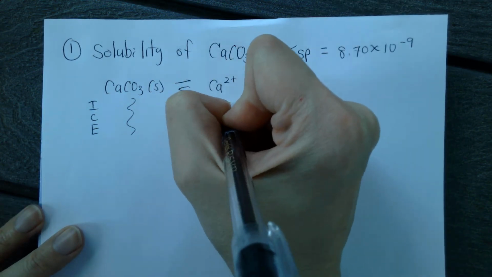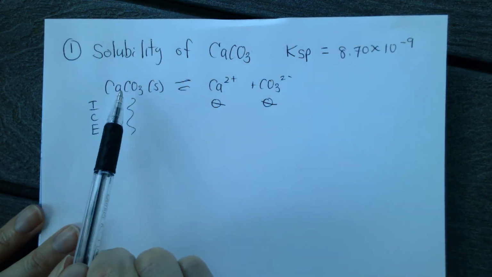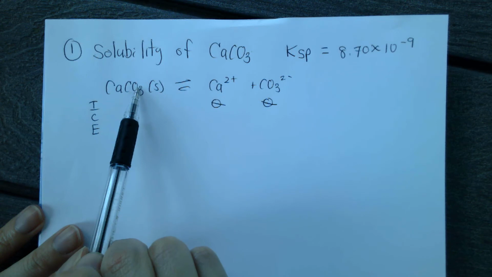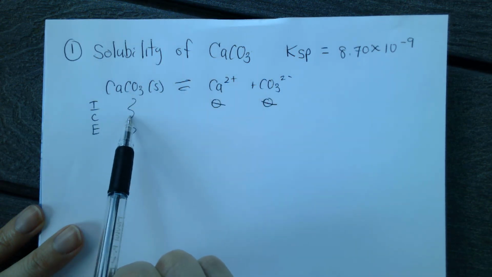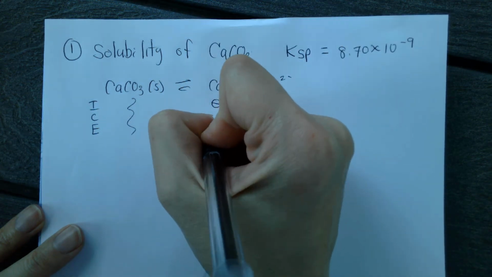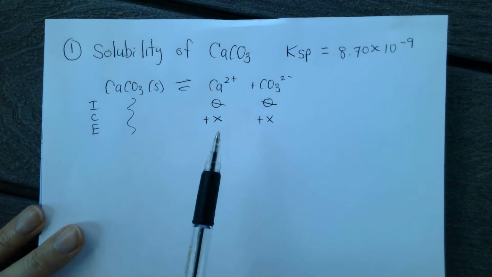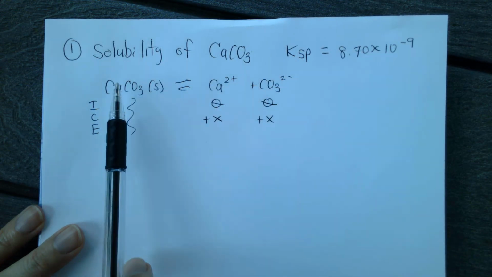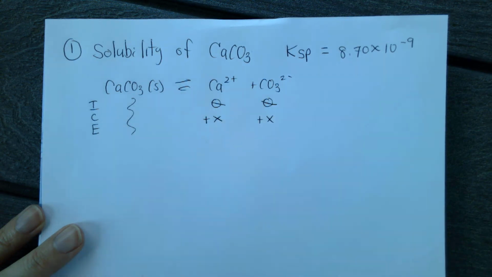Initially, we'll say we have none of the ions. One of these will break apart into one of these, so we lose some amount x of the solid, and we add some amount x of calcium and x of carbonate, because stoichiometrically, one of these produces one of these and one of these.